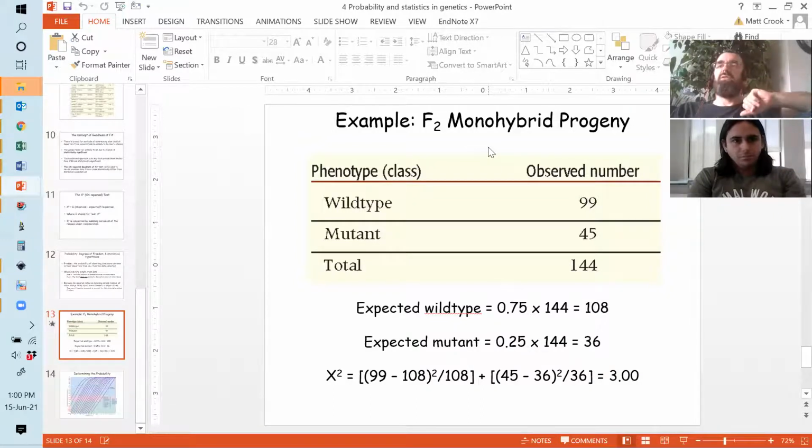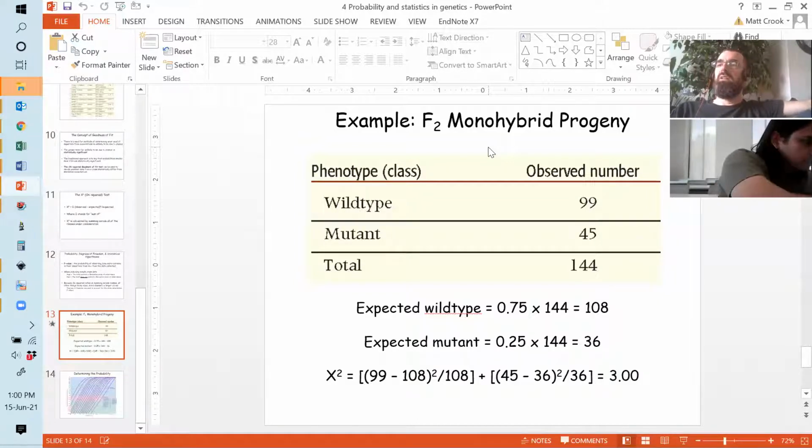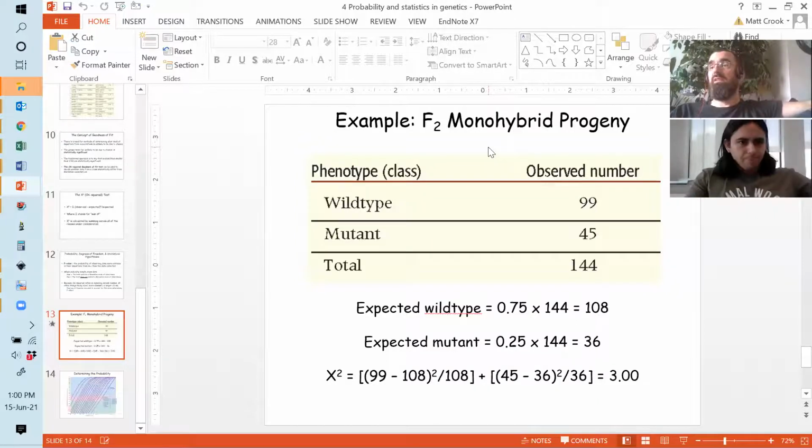And so in our F2 generation, we'll always expect 3/4 of our progeny to show the dominant or wild type phenotype, and 1/4 of our progeny to show the mutant or recessive phenotype. So when you turn those expectations into decimals, we have 0.75 and 0.25.